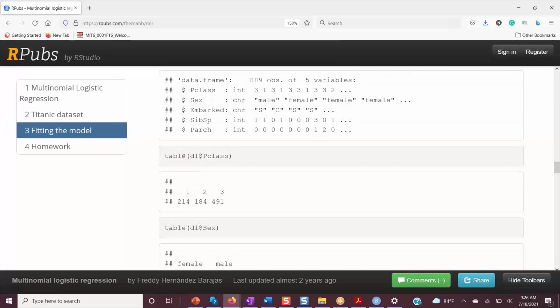And that's what the tabulation here says. Data set D1 is the data frame, and we are just checking what are the classes in the passenger class. That is class 1, 2, 3. There are 214 people in class 1, 184 people in class 2, and 491 people in class 3.